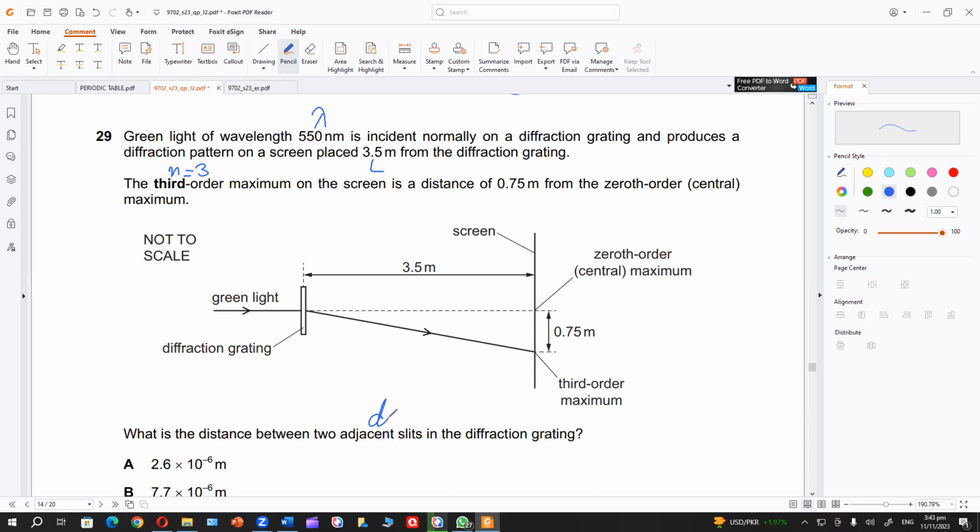The formula says n lambda is equal to D sine theta. If I mark the angle theta here, this is my 90 degrees. So this is my opposite in trigonometry, and this is my adjacent. So how should I find the angle?